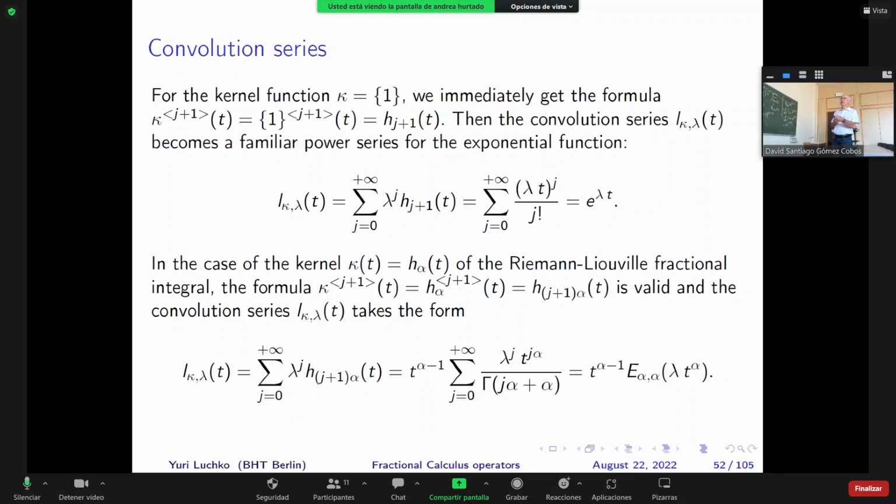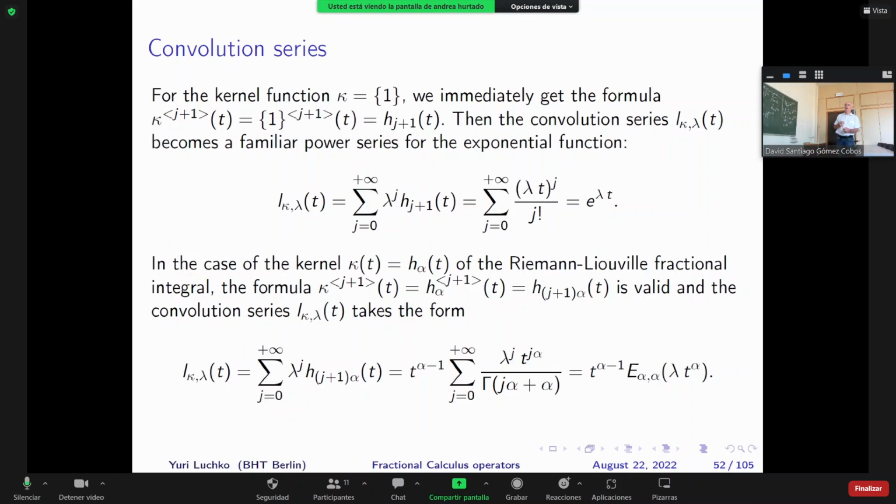Well, what happens if we consider other kernels? For example, this power law kernel, H alpha, is the kernel of the Riemann-Liouville fractional integral. In this case, it's also very easy to calculate this j plus 1 fold convolution in explicit form.